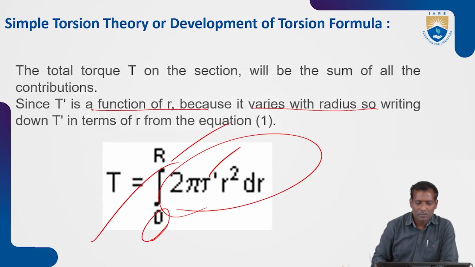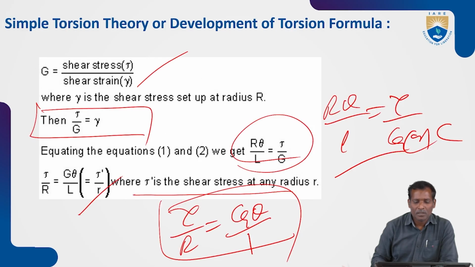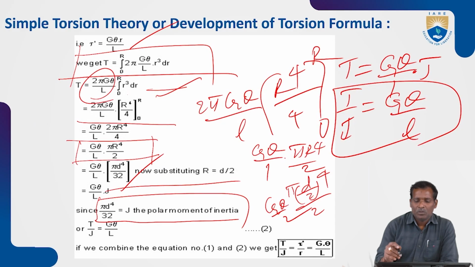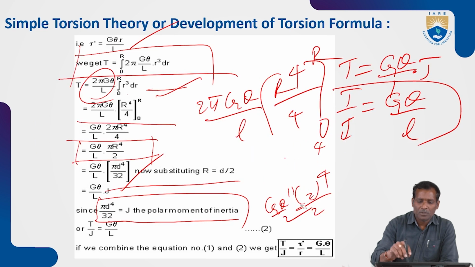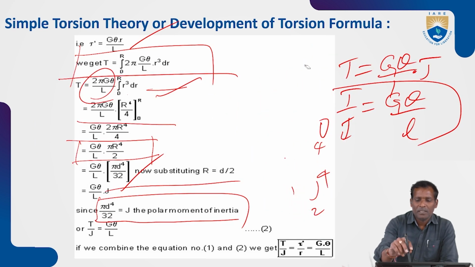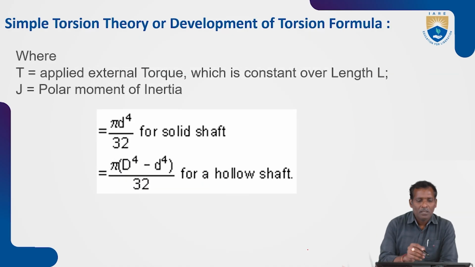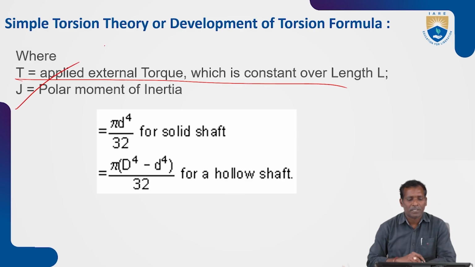The first one is tau by r is equal to G theta by L, and then T by J is equal to G theta by L. Equate these two equations, where T is the applied external torque, which is constant over length L, and J is the polar moment of inertia.